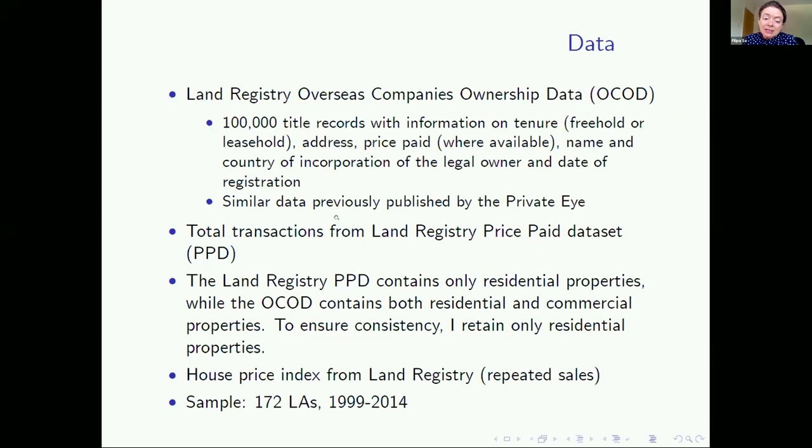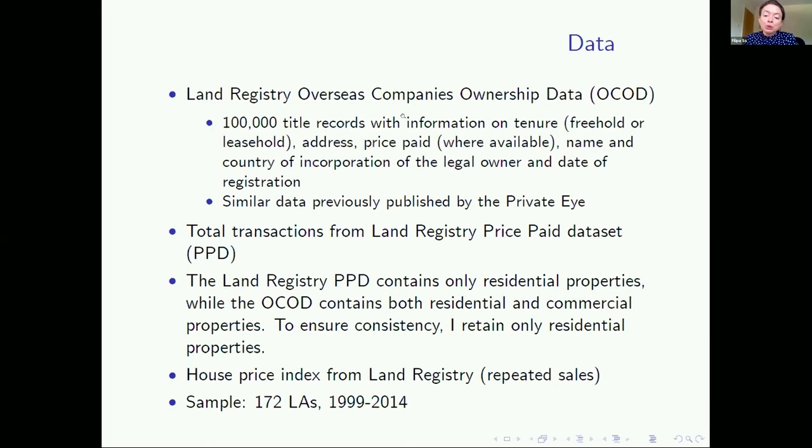And for total transactions, I use data from the price paid data set from the Land Registry. This only contains residential properties. The overseas companies data set contains both residential and commercial properties. But because I want to calculate the share, dividing the properties registered to overseas buyers by the total transactions, I removed the commercial properties from the overseas companies ownership data.